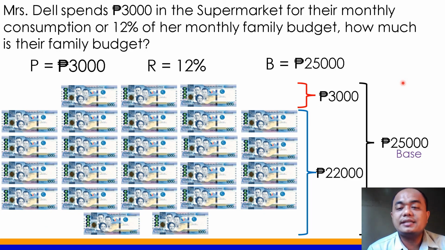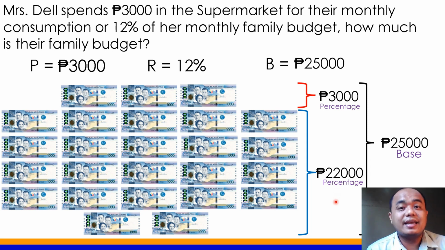So, yung base natin ay 25,000, yung percentage natin ay 3,000, at ang isa pang percentage ay ang 22,000. So, kung i-convert natin ito sa rate or sa percent, of course, yung 25,000 ay equivalent to 100%. How about yung 3,000? 3,000 is, yes, that is 12%. How about yung 22,000?